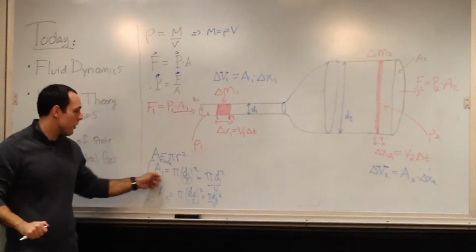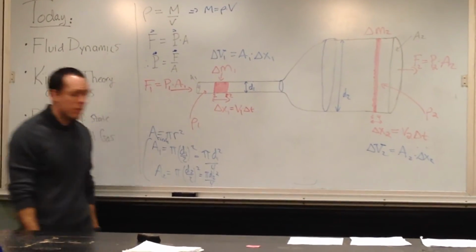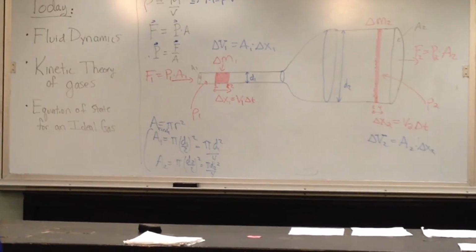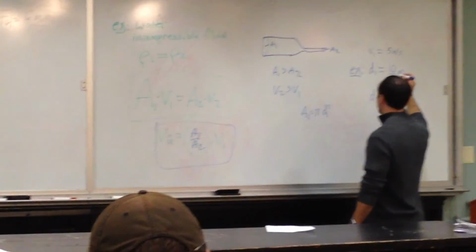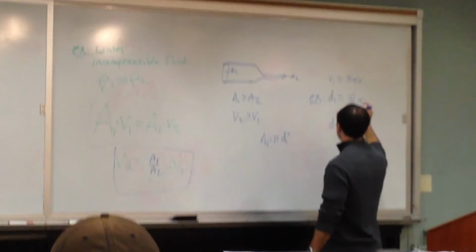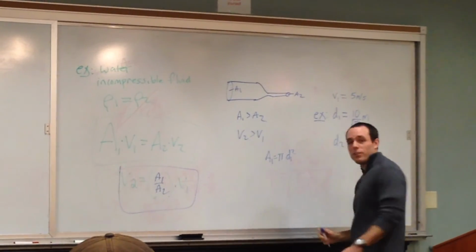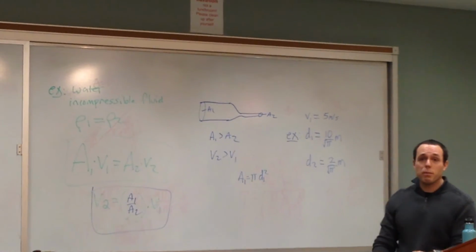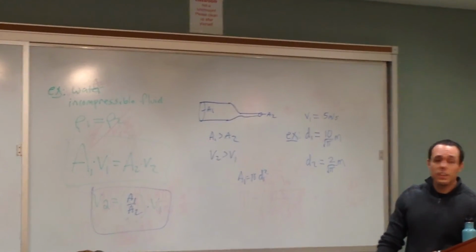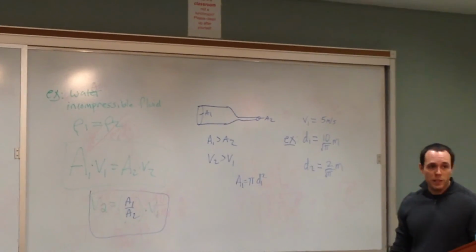So with that in mind, I'm going to say that I'm dealing with a circular tube, or cylindrical tube, I should say, so that the cross-sectional areas are given by these equations. I'll take the square root of pi for both diameters, just to make things easy for us. So D1 is now 10 divided by the square root of pi meters. D2 is 2 divided by the square root of pi meters.